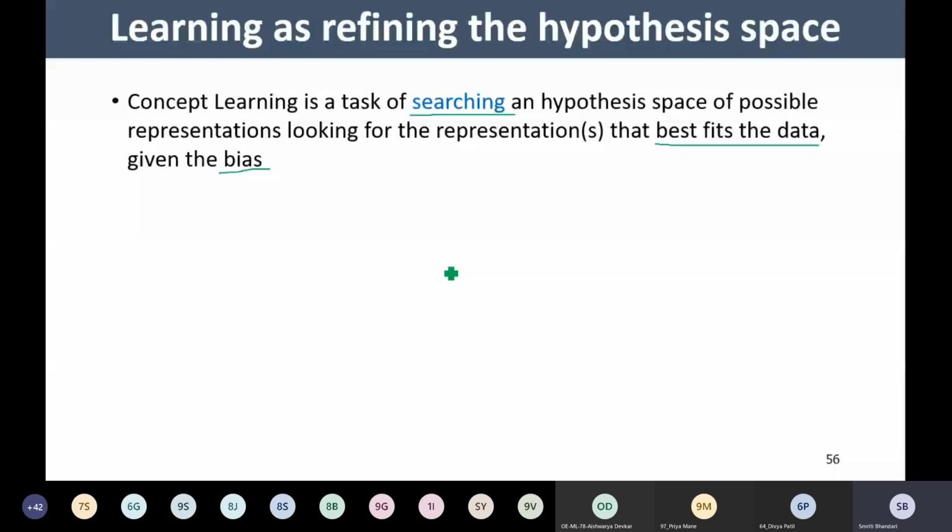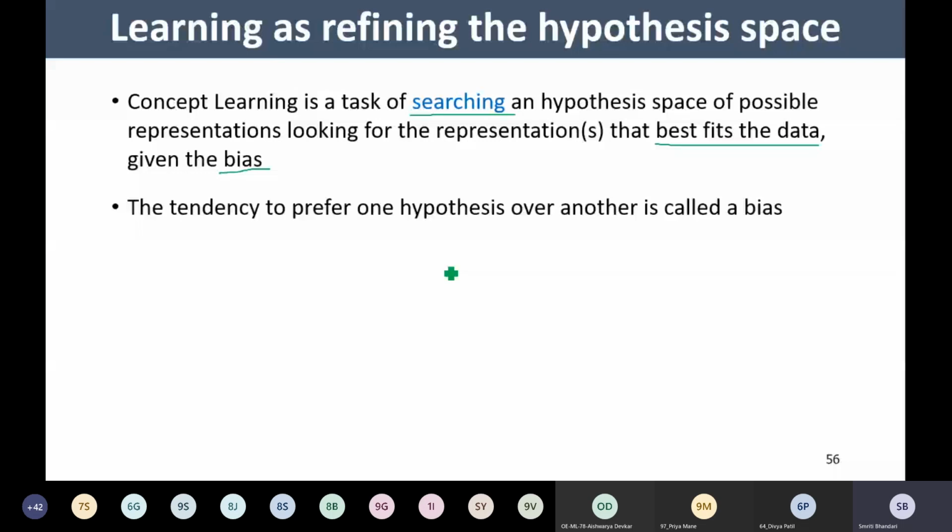Searching the hypothesis space means finding, out of the limited hypothesis space, the most suitable representation that fits best for the given data and for the given bias.